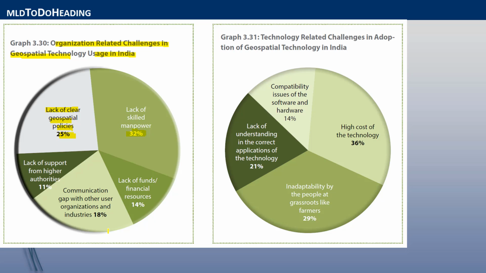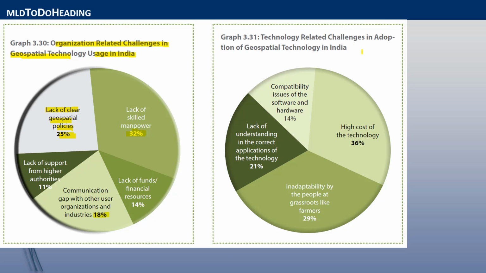The next challenge is the communication gap between organizations, industries and the farmers. There are new technologies but farmers are not aware of them, and also for the training programs being organized, there needs to be adequate participation.